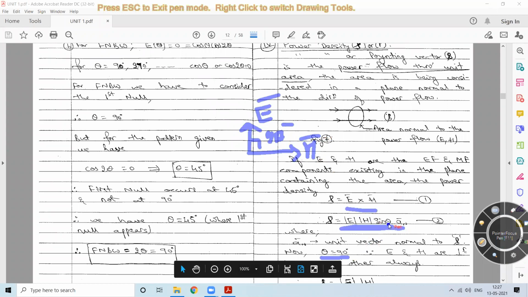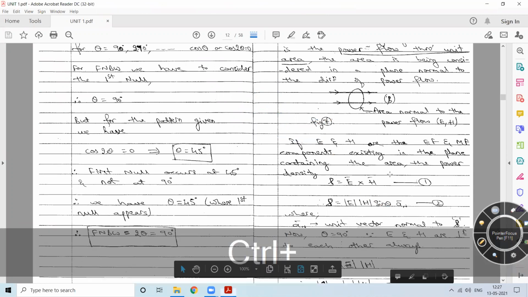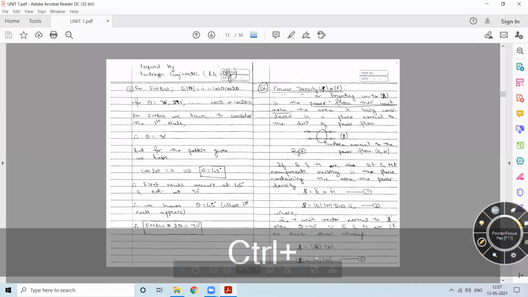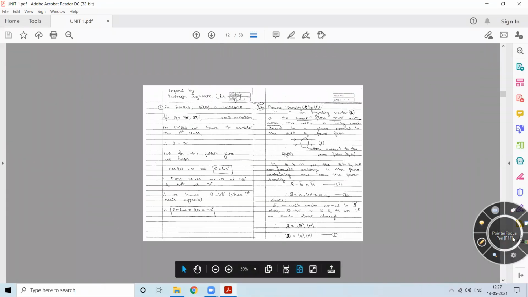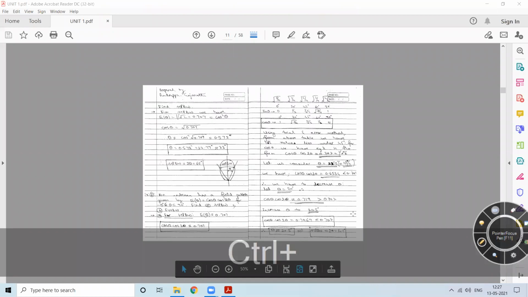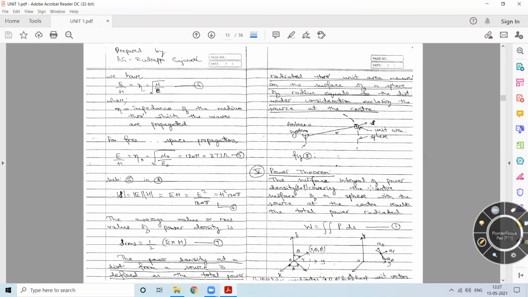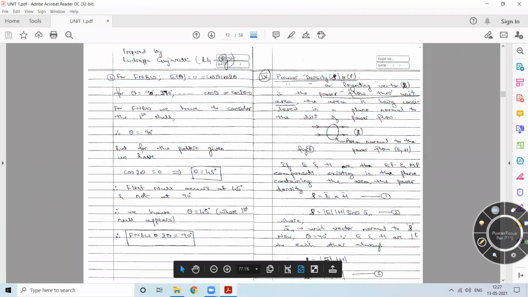When we substitute, sine 90 is 1, therefore power density is given by the product of the magnitudes of the electric and magnetic field intensity. So the power flow, which is the power density, is a product of the electric and magnetic field intensity. So that is what we have.